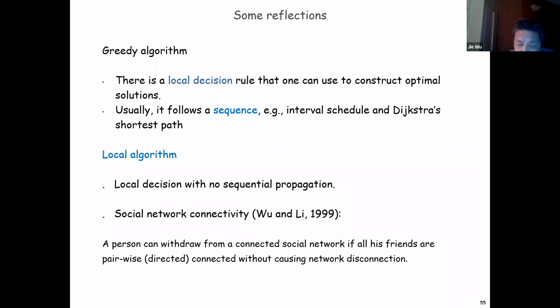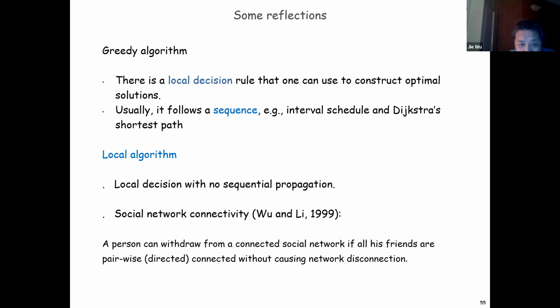Propagate is a very important concept. Whenever you have propagation, probably you cannot do parallel. Parallel means that you cannot really cut the graph into multiple pieces when running the Dijkstra algorithm. And you cannot really run interval schedule cutting it into pieces in parallel, right? Because you have to propagate.